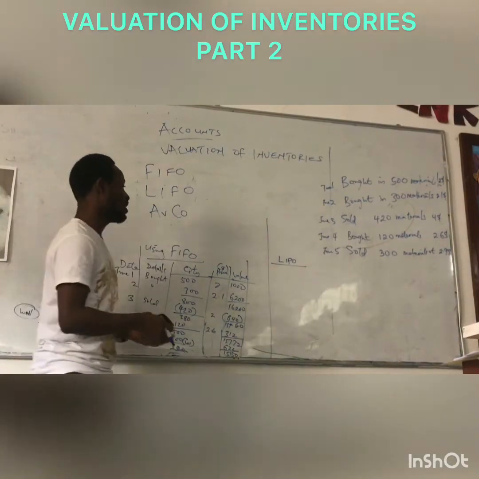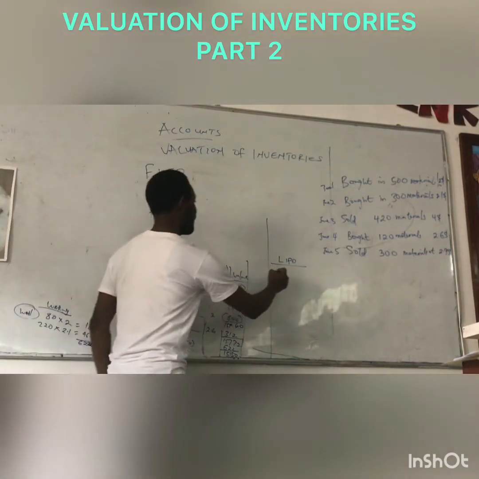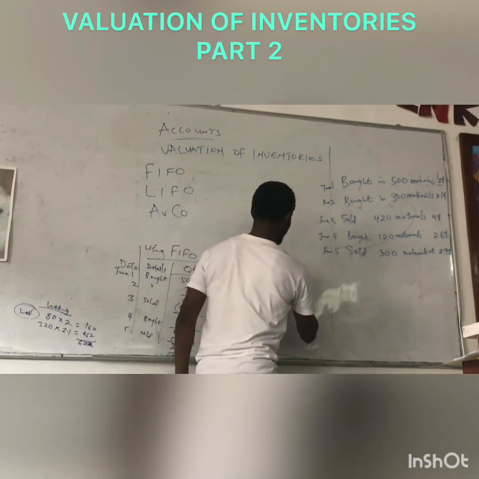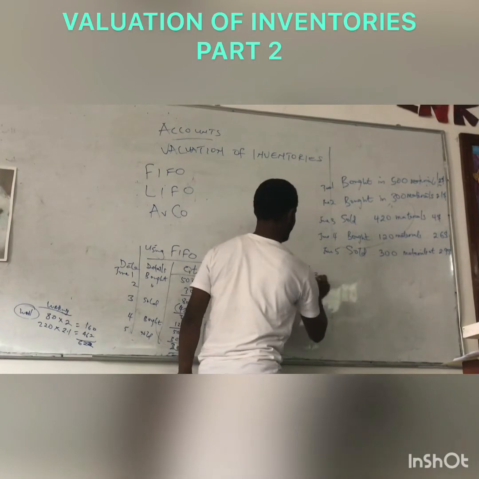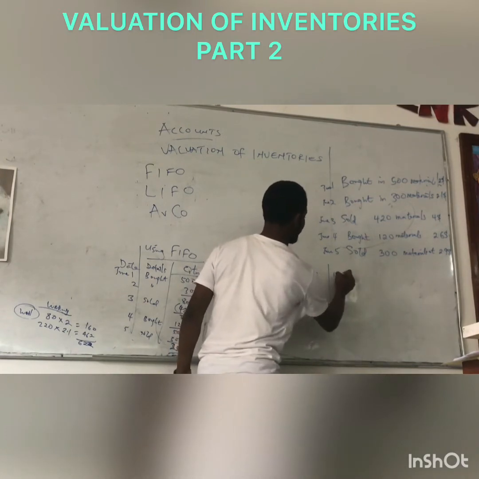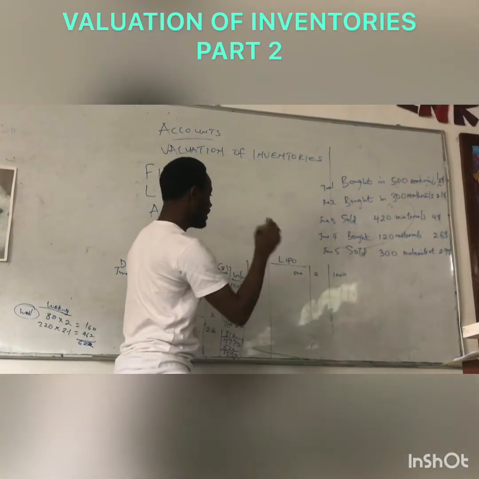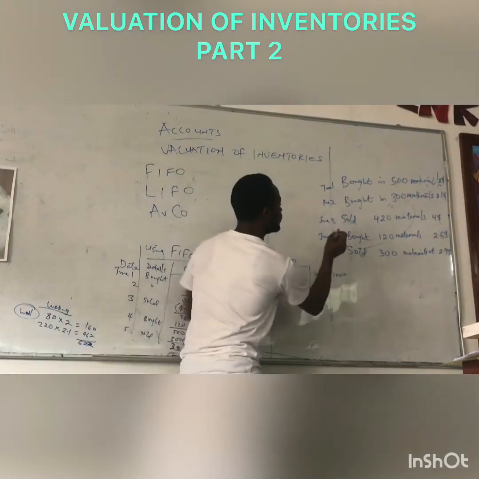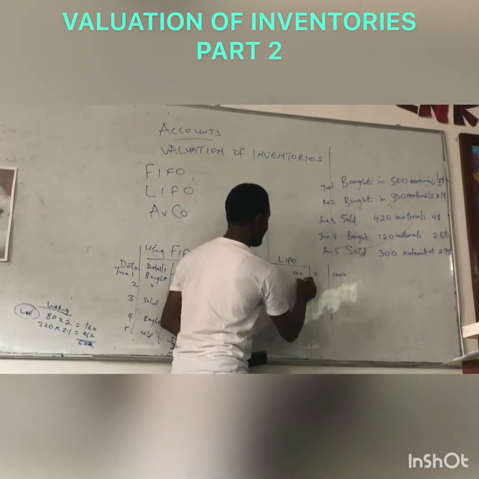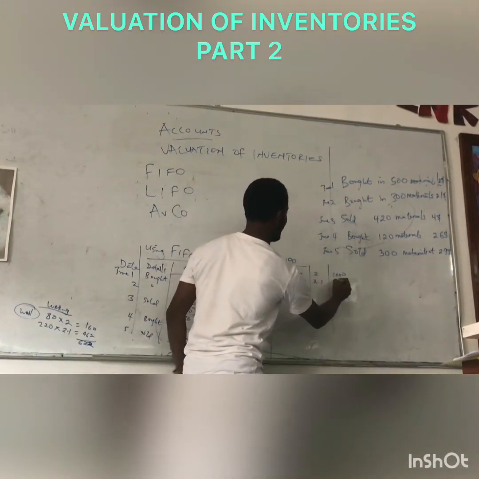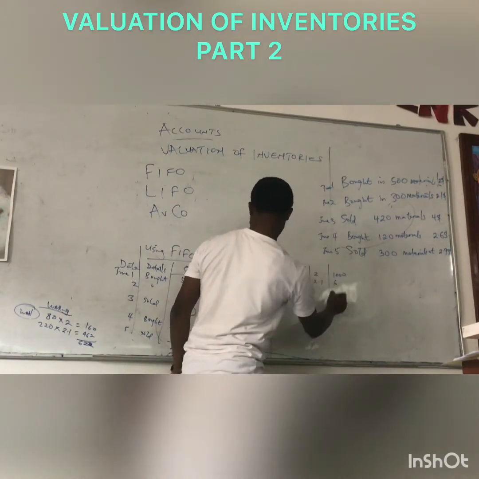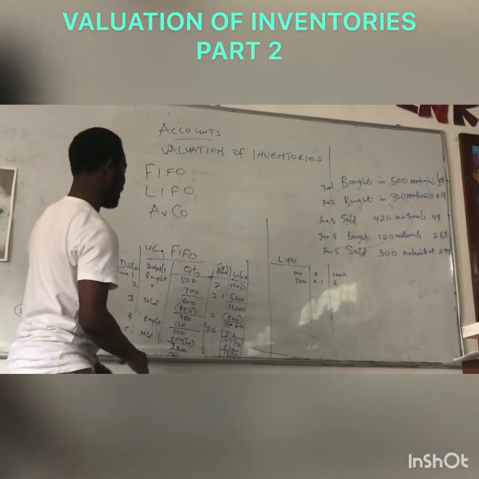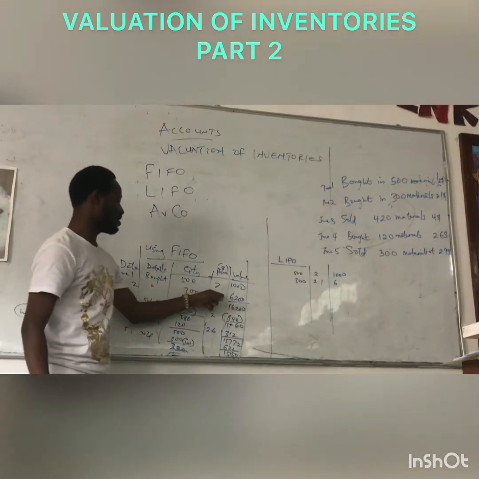of inventory. So for LIFO, first on June 1, 500 materials were brought in at $2. So that gives us 1,000. Then the next day, 300 materials were bought in at $2.1. That is 600 and... I have made a mistake in my calculation here.